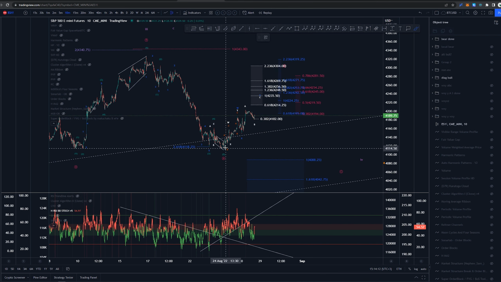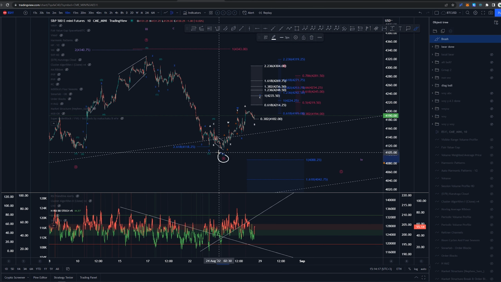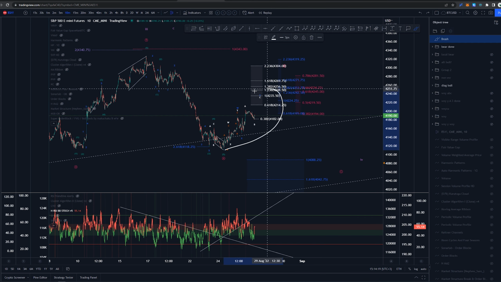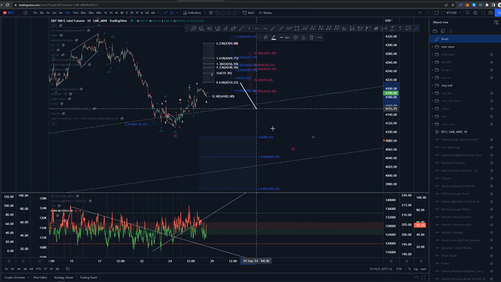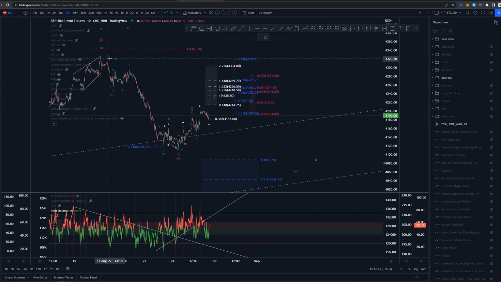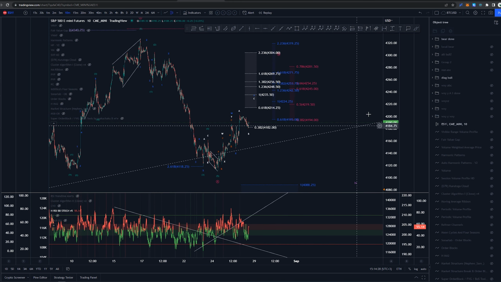If we can accept that as being the end of that 5th wave, then we can label this as an A wave, and then we would be looking at this structure as the wave B and then looking for C wave downwards, or of course this can be a wave 1 2 3 4 5, but again we'll see about that later on.